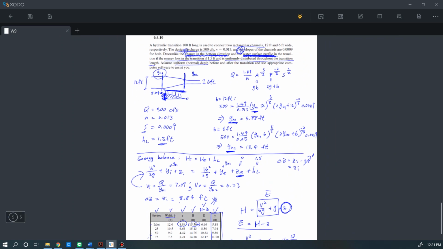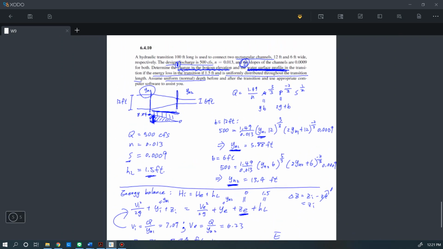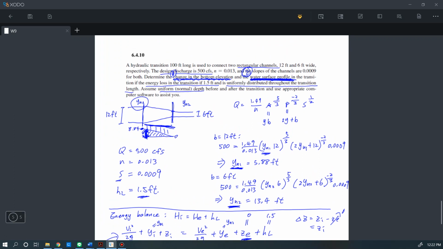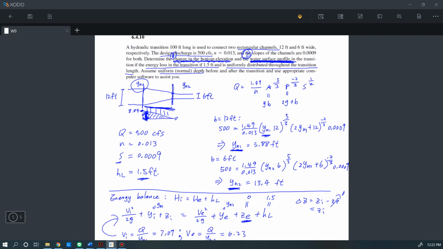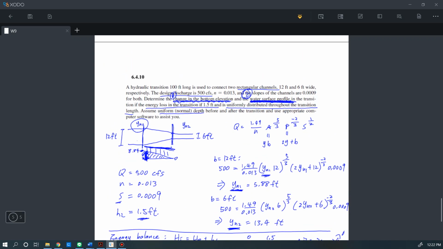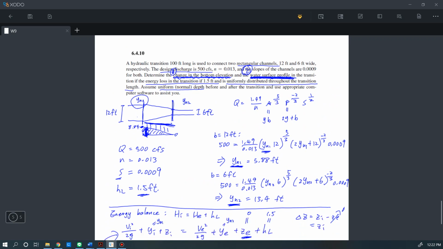Okay, so again, a really quick review. In this problem, we first solved the normal depth using the Manning equation for the inlet and outlet, and we got this yn1 and yn2. Then we used the energy balance to solve the elevation change, this delta Z, in this transition section.